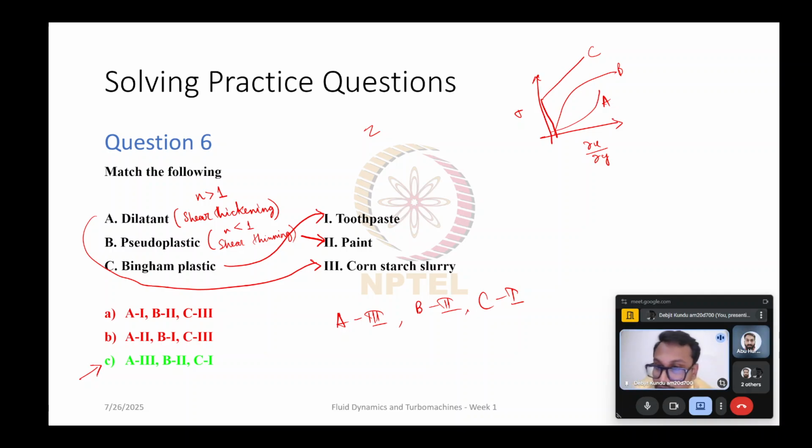I mean, you could take a simple fluid mechanics course as well, but in this course also this would be helpful because the entire first half of this course, so there are like 8 weeks of lectures, right? So the first 4 lectures are on fluid mechanics only, and in the second half we will get into turbo machines. So these first 4 lectures should give you a solid feel for fluid mechanics. No puns intended.